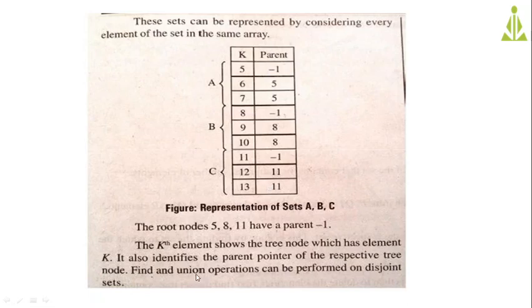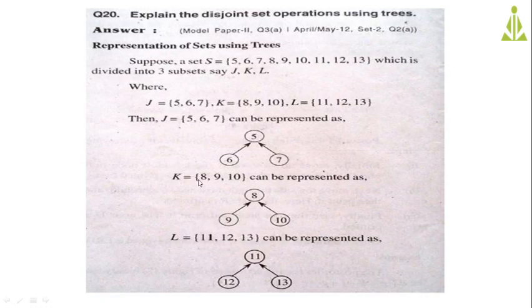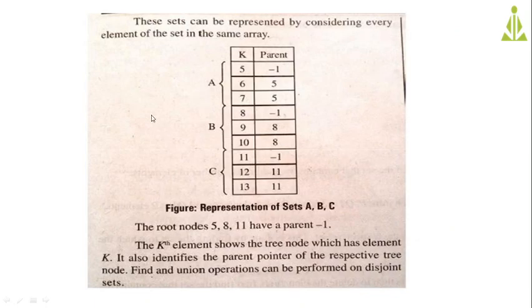Only then can we perform find and union operations. So at the top is the representation of a set using a tree, and here is the representation of a set using an array, within the same array.